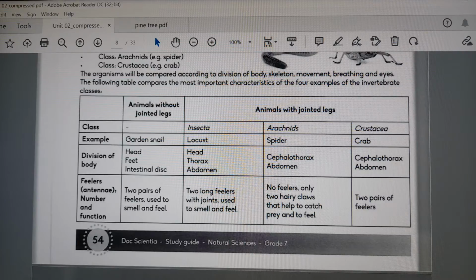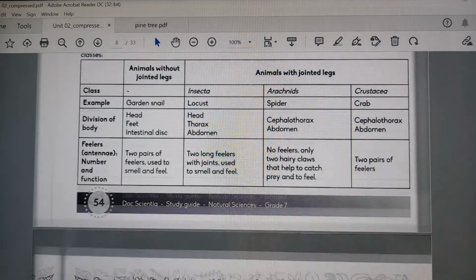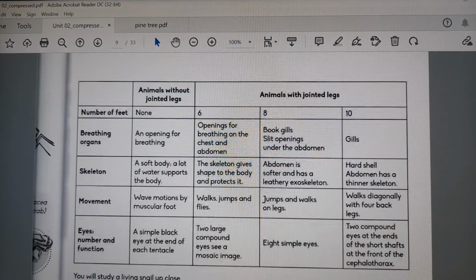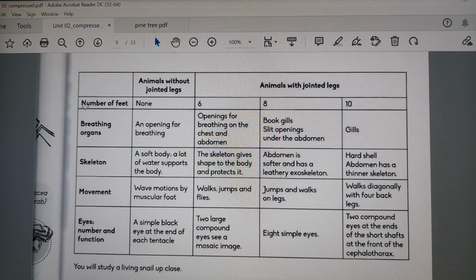I will show you these feelers on the snail. As for the number of feet, the snail does not have feet. Breathing organs: it has an opening for breathing. Skeleton: a soft body, and a lot of water supports the body.